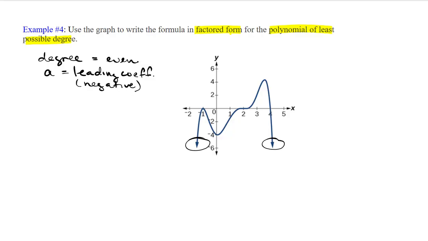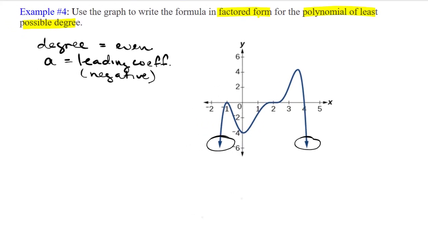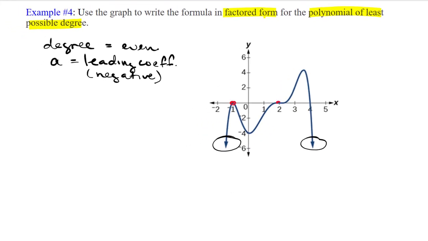And now let's consider the x-intercepts, which will give us the zeros of the function. So we have 3 x-intercepts, one at -1, at +2, and at 4.